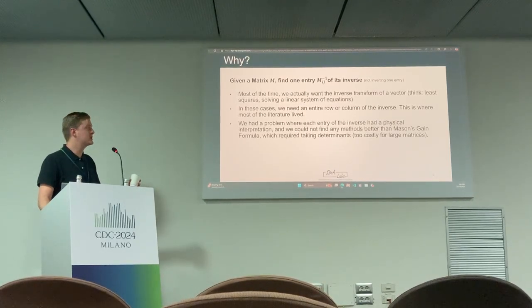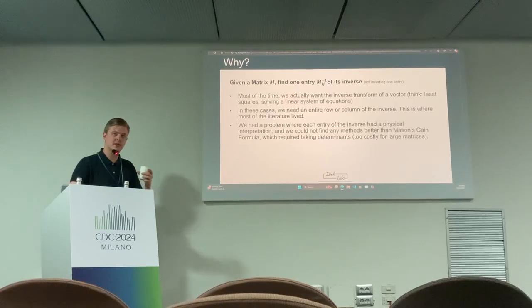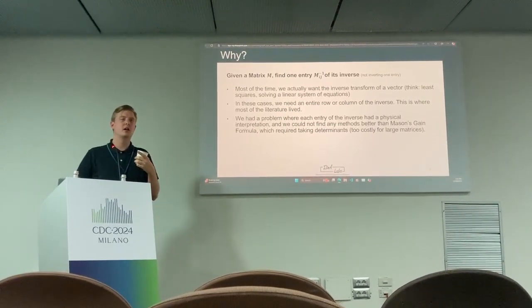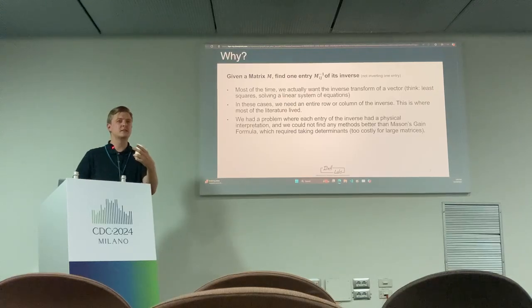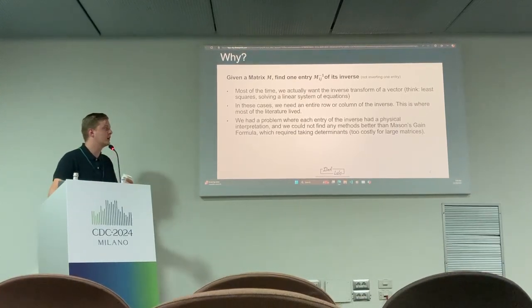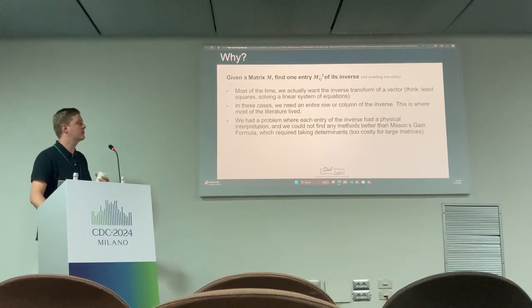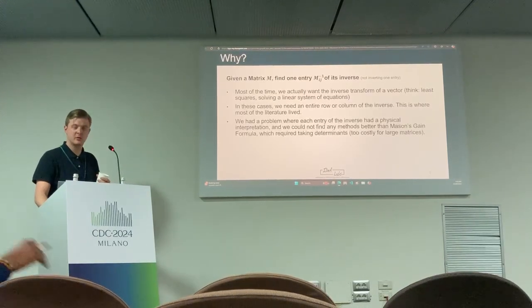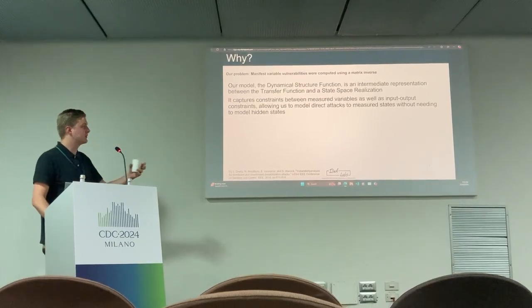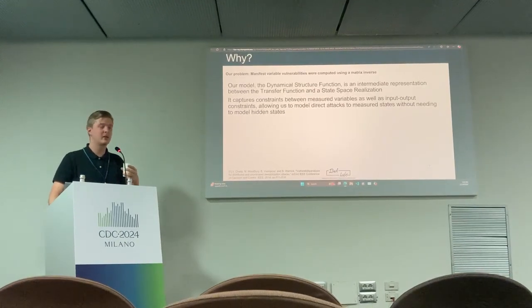But we had an application in our lab where we were only interested in one entry at a time. So we asked the question, how can we get one entry of the inverse as quickly as possible? Mason's gain formula required using determinants, which were very costly for large matrices. So this was the application that we had in our lab.